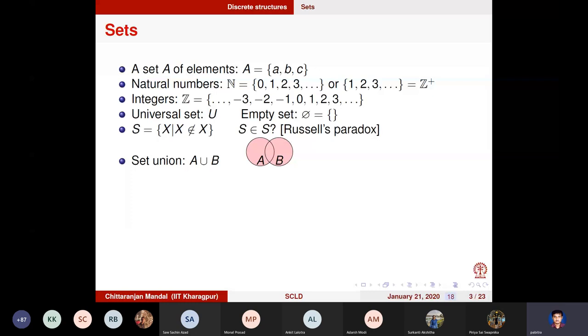And the moment we have these operators, that means you have basic sets and then you have operators on them, we start having an algebra over the sets. So algebra is nothing but how you manipulate objects. The way you manipulate objects is you apply operators on them, either unary operators or binary operators, and create newer objects.